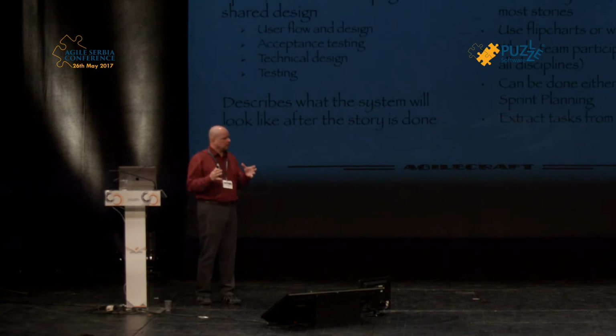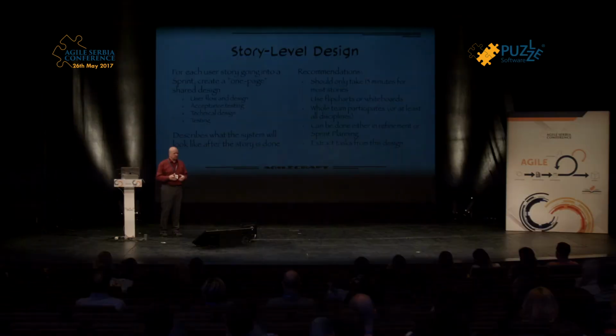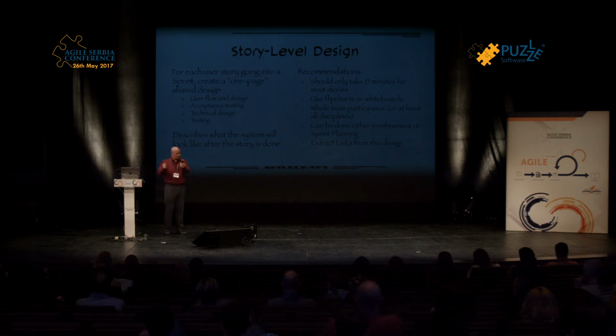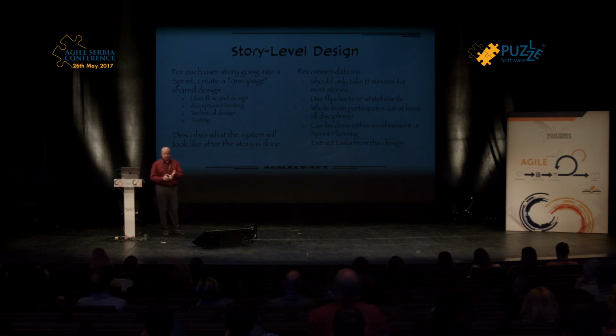And that story level design incorporates all the aspects of that implementation in a single sheet of paper. I like to use flip chart papers because that contains enough space. If you have a whiteboard, use the whiteboard. But remember, you gotta take a picture before you wipe it off and start on the next story. I like to take the paper because I can move it more easily. Just me, though. So it's user flow and the design, what it's going to look like, things like that.